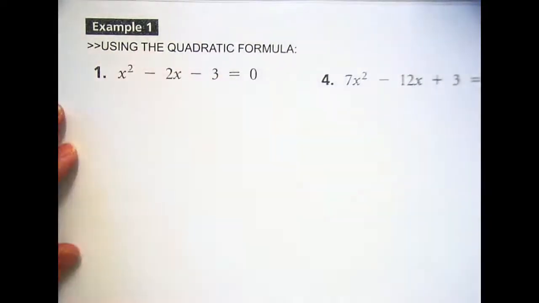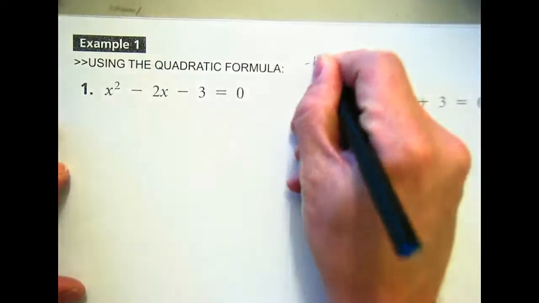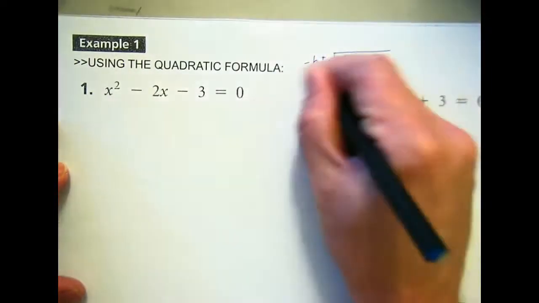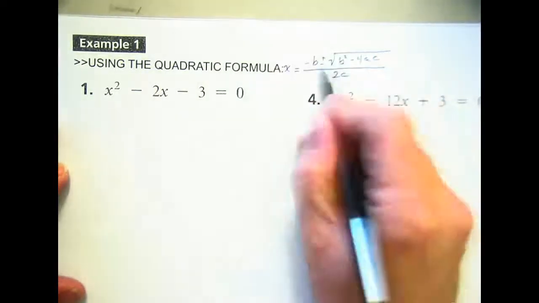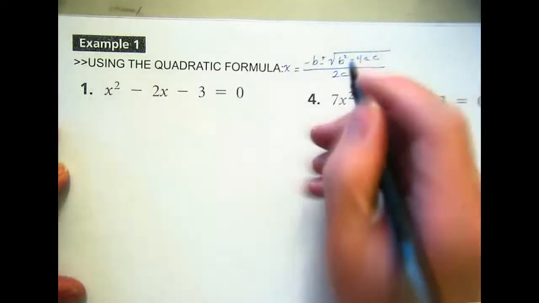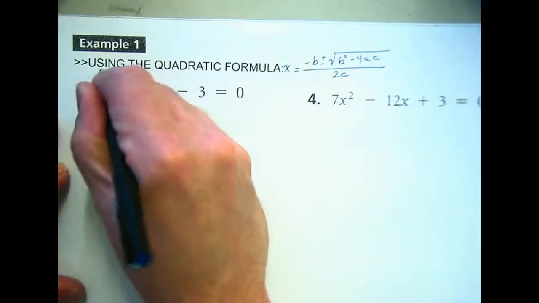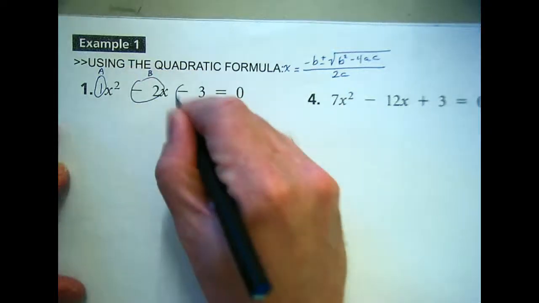In order to do the quadratic formula, again, I'll write it up here. I know it's been a while since you've used it. In order to utilize the quadratic formula, you need to know a, b, and c. When it's in standard form, there's a, there's b, and there's c.